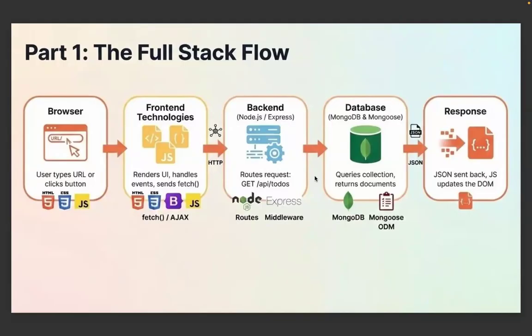The Express router directs the request, for example, GET /api/todos, passing it through our middleware. And finally, it queries the MongoDB connection using Mongoose, retrieves the JSON documents, and sends JSON back to the front end, where JavaScript will update the DOM for the user. The user can get a response from the server. So this is the full stack flow.